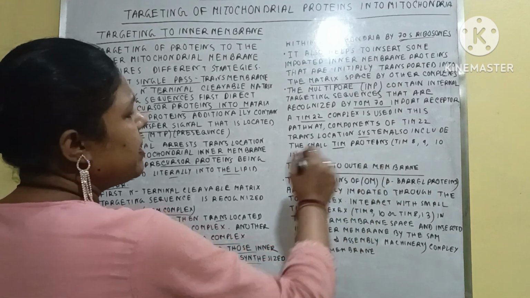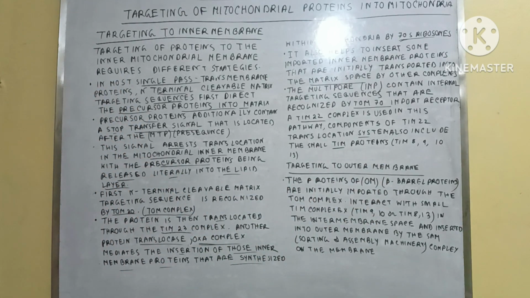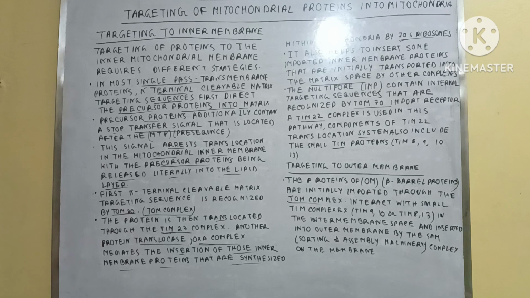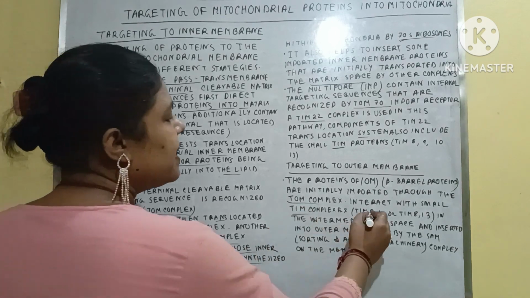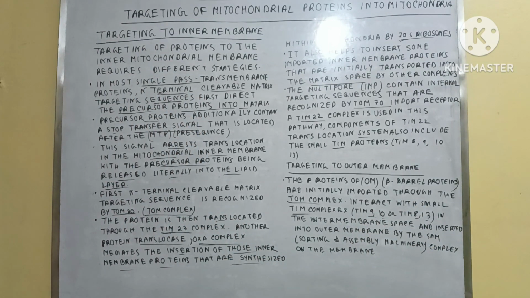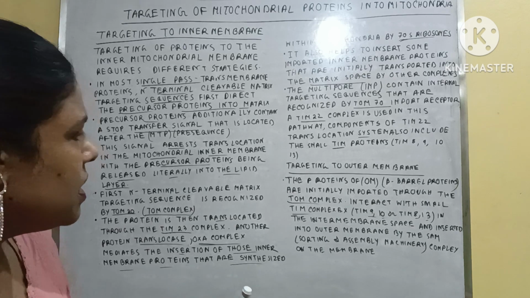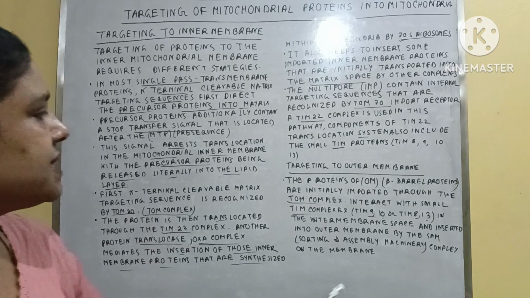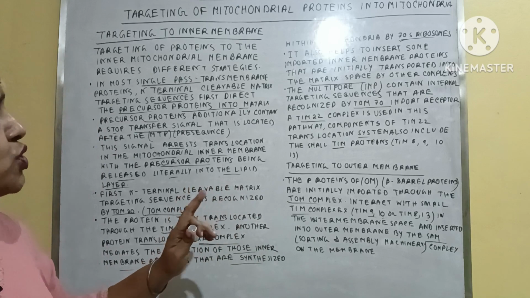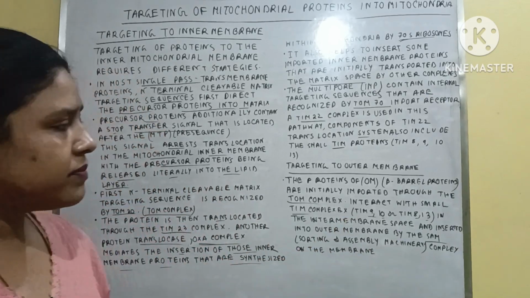In the case of the outer membrane, the TOM complex obviously plays an important role, because without the TOM complex the recognition of the sequence is not possible, and after that the TIM complex, either 9 or 10 or 8 or 13, plays an important role in the translocation. Another complex is SAM, the sorting and assembly machinery complex.